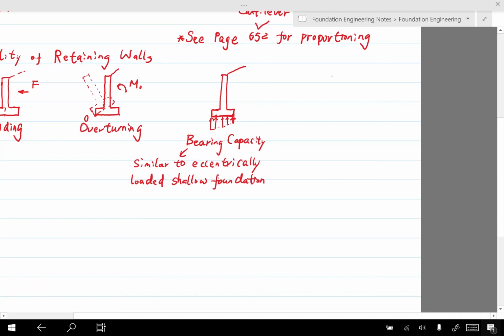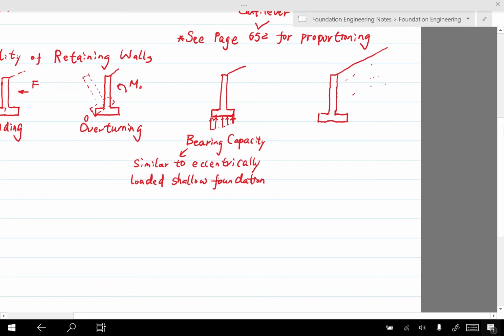The last type of failure is related to the last major topic of this course. That is slope stability. You can see that we have soil on the backside of the retaining wall. That soil body can also have slope stability issues.